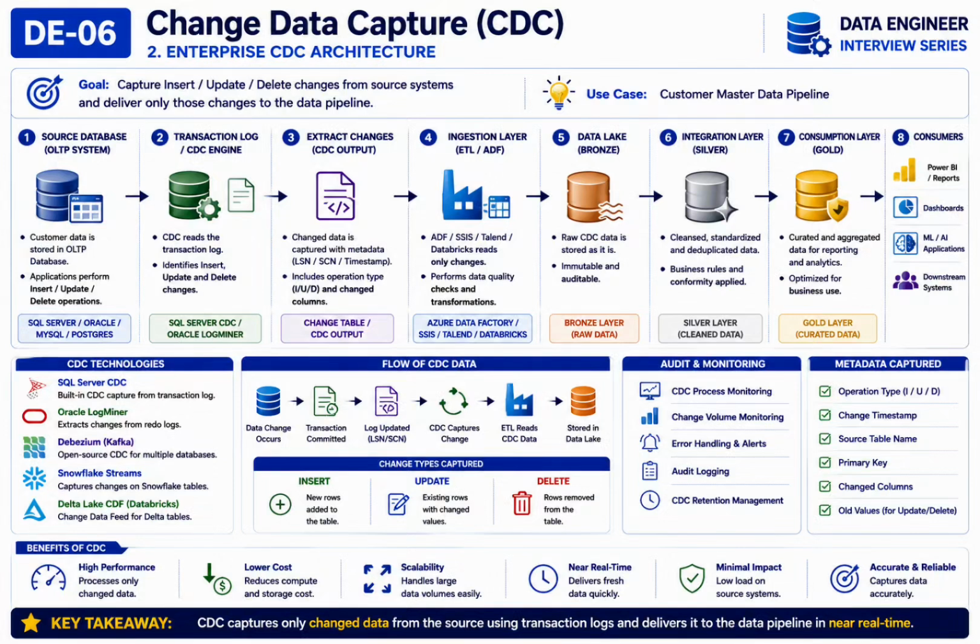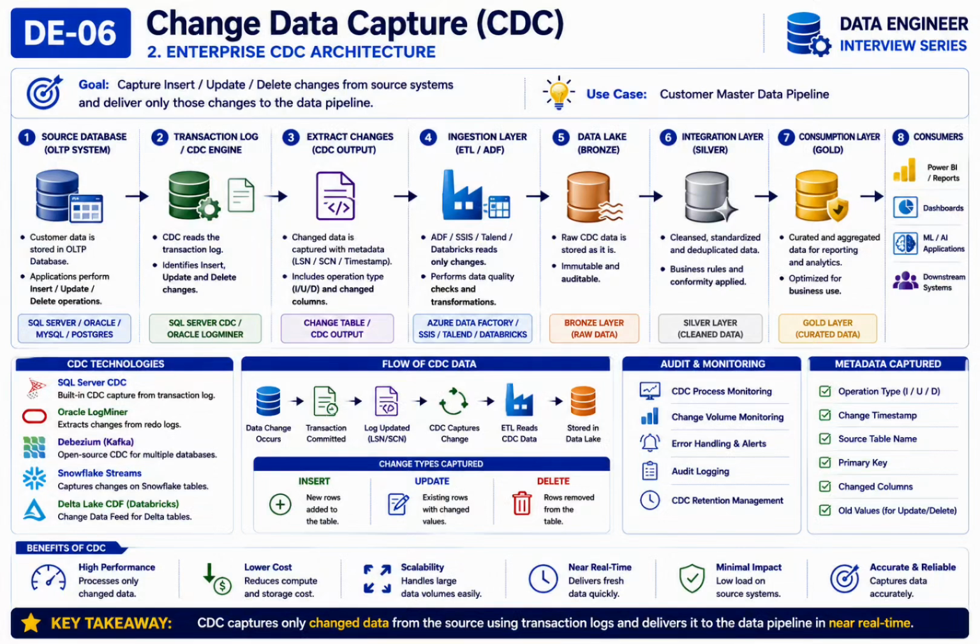Our ETL orchestration tools such as Azure Data Factory, SSIS, Talend or Databricks read only these change records. These records are first stored in the bronze layer as raw data. Next, they move into the silver layer where data cleaning, deduplication and schema validation, as well as business rules, are applied.